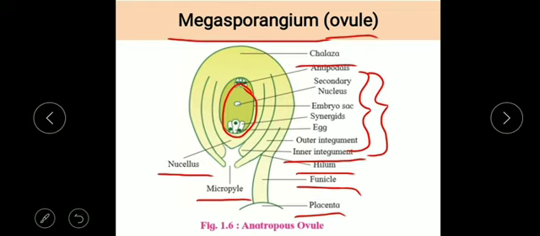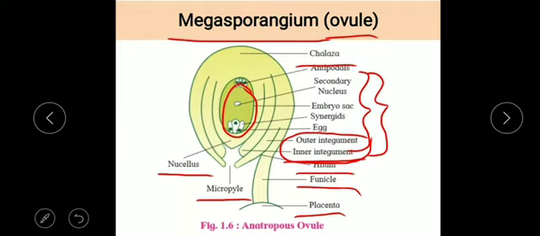And the next part is the integument. Integument is actually the protective covering of the ovule, where you can see there are two layers, so they are called a bi-layered integument. You have to remember that in many ovules there is only a single integument, and that condition is called unitegmic. But if there are two layers of integument, they are called bitegmic.